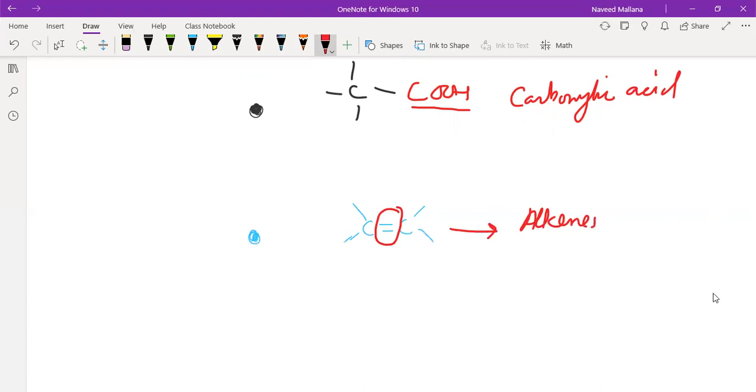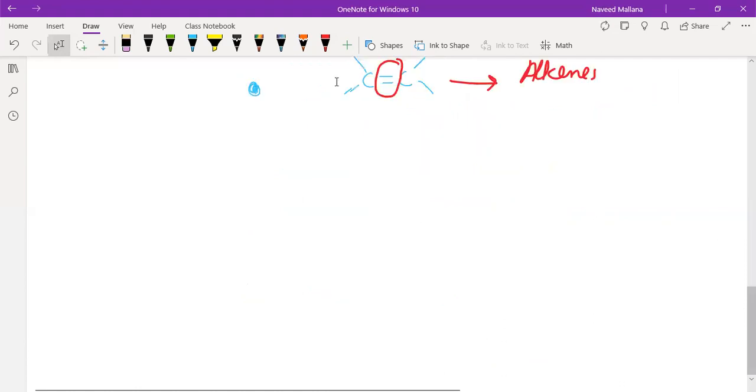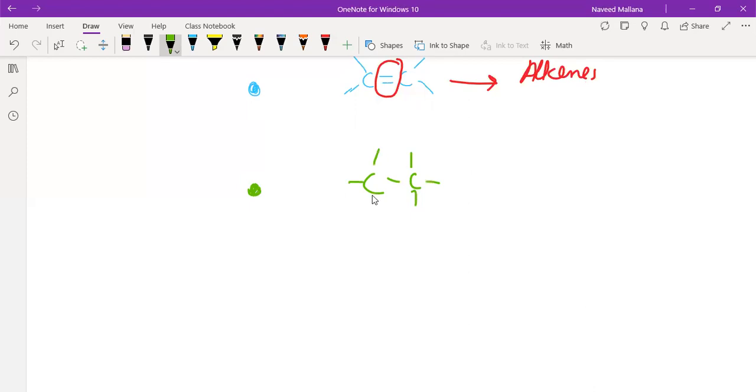Similarly, if the molecule has two carbon like that, in which carbon carbon have single bond, are called alkanes. ANE, and this contains ENE at the end.